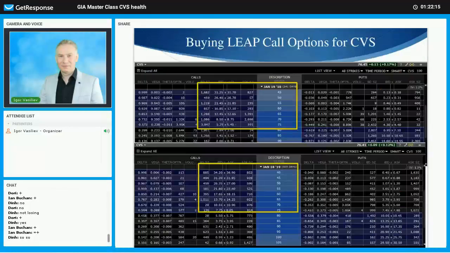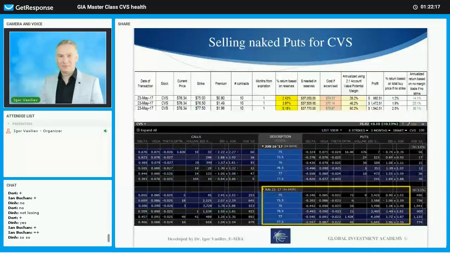That's what he's afraid of. So he decides, let's insure it. He comes to me and says, Igor, will you buy it at 76.50? I say, yes, I will, pay me money for that. And he's going to pay me $1.49 for that. So I'm insuring this person.